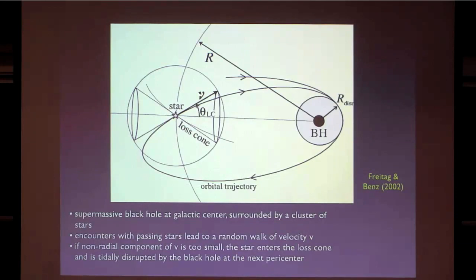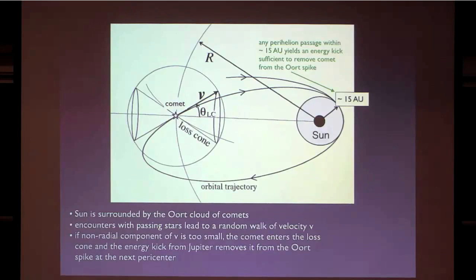That means for every star, if you look at the distribution of velocities, there's a cone in velocity space such that anything whose velocity is inside this cone is going to have a perihelion distance smaller than the disruption radius and is going to be lost from the star cluster at the next encounter. Now, the reason I brought this up is that it's a direct analog to what happens from the Oort cloud.